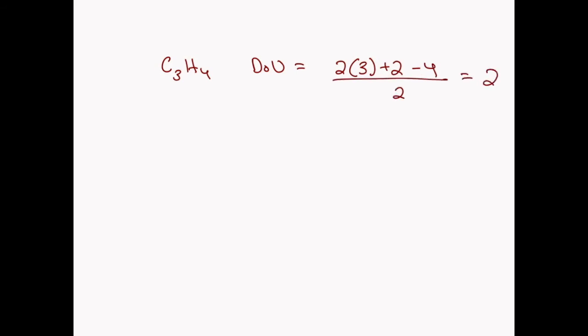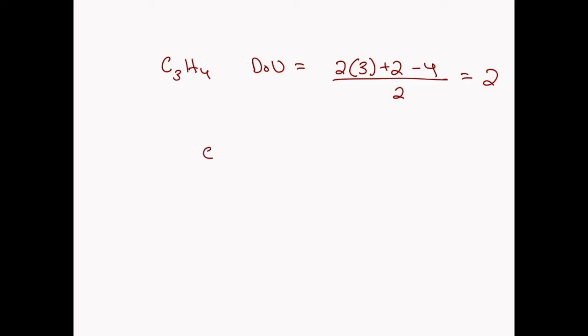The final example, C3H4. When we do the formula here, we get 2 times the number of carbons plus 2, there are no nitrogens or halogens, minus 4, divided by 2 equals 2. So that also has 2 degrees of unsaturation.